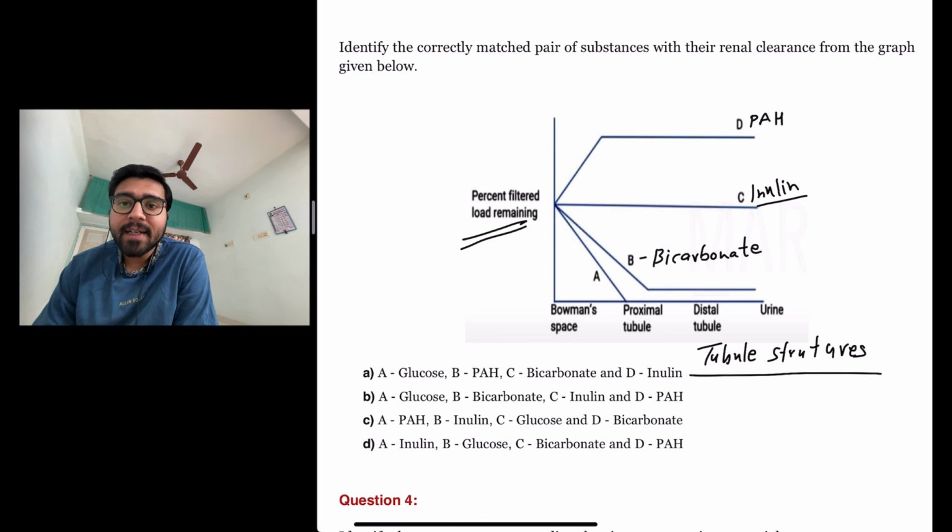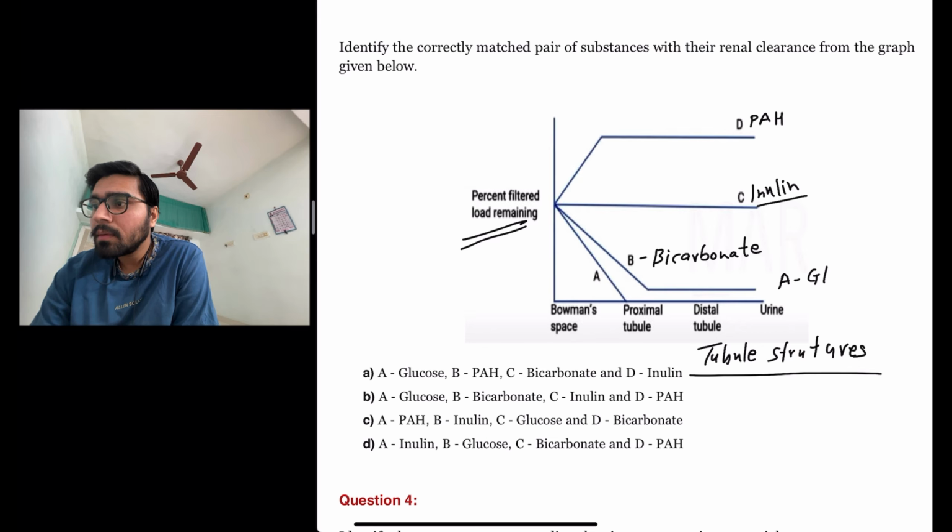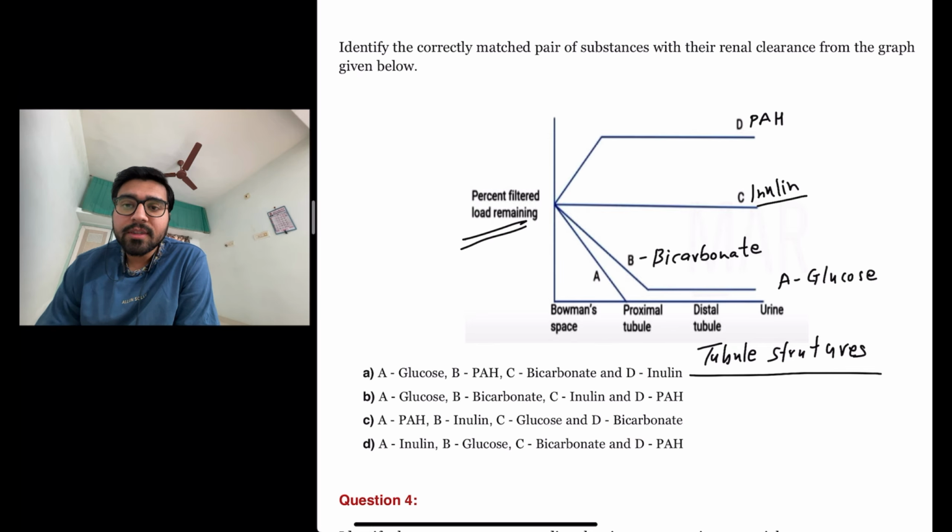And the substance marked as A is glucose. Because glucose is reabsorbed along with sodium in the early part of the proximal tubule. So the answer here is option number B. A is glucose, B is bicarbonate, C is inulin, and D is para-aminohippuric acid.